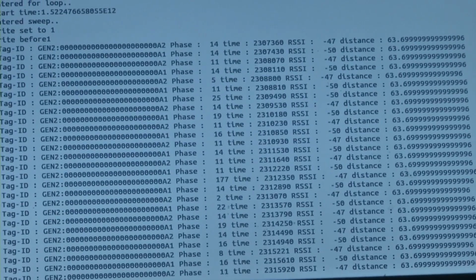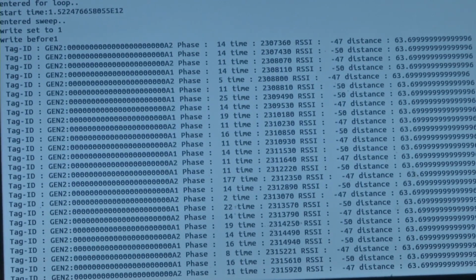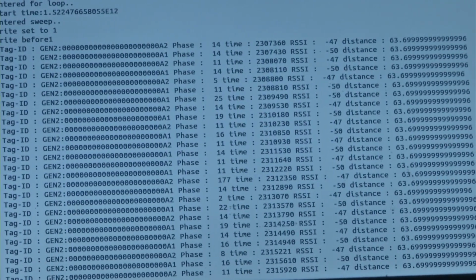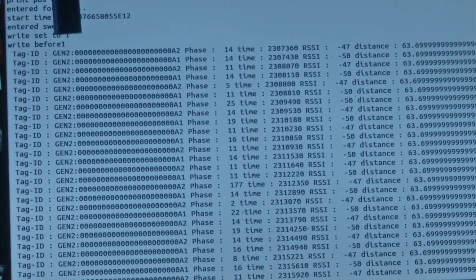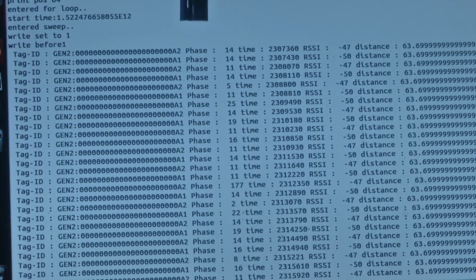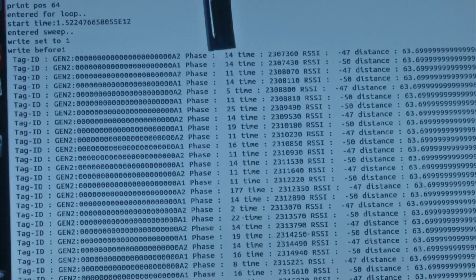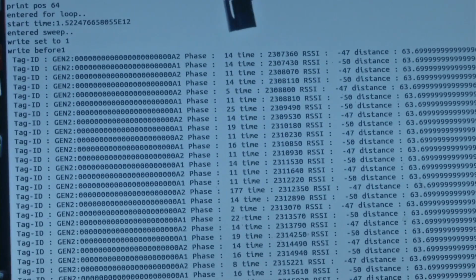What exactly is being read at each antenna position is also important, right. So, you can see that you get the tag ID, the protocol which is EPC Gen 2, and this is the tag ID which is here. It has to read the phase, otherwise how will you do phase difference. So, it is reading the phase, and the time at which the tag is being read.